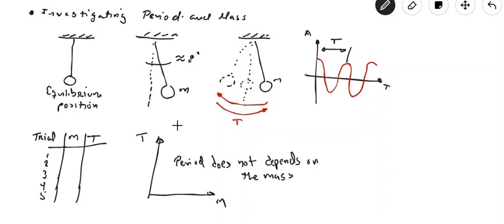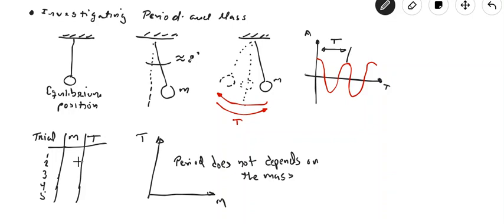Once you find the period, you will record in a table, for 5 different trials, mass versus period. So you change the mass, adding more washers, and then you find the period for that case.